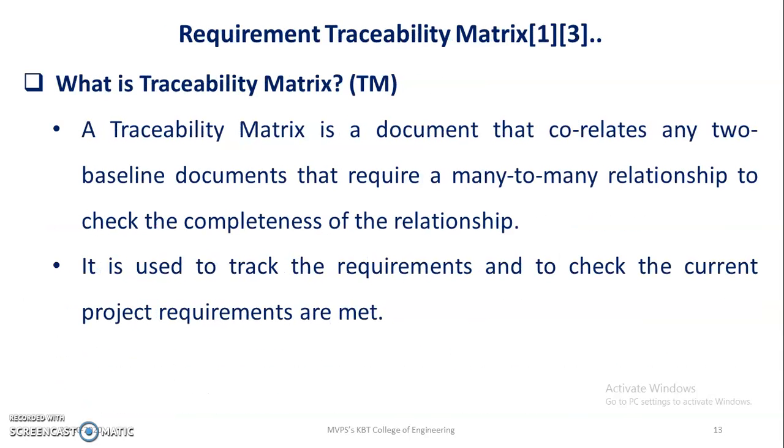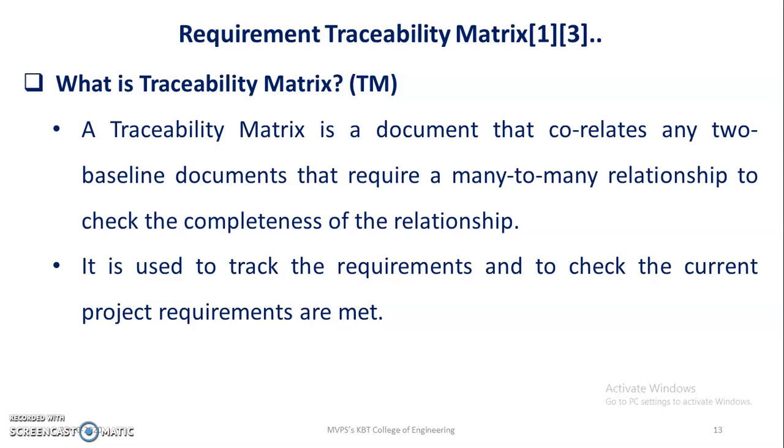To discuss the requirement traceability matrix, first we understand the traceability matrix. What is a traceability matrix? A traceability matrix is a document that correlates any two baseline documents that require a many-to-many relationship to check the completeness of the relationship.